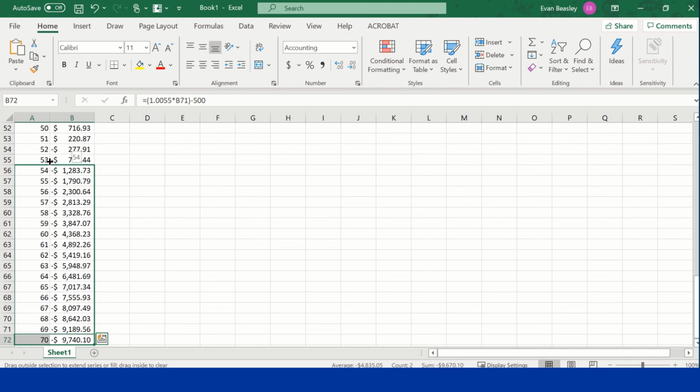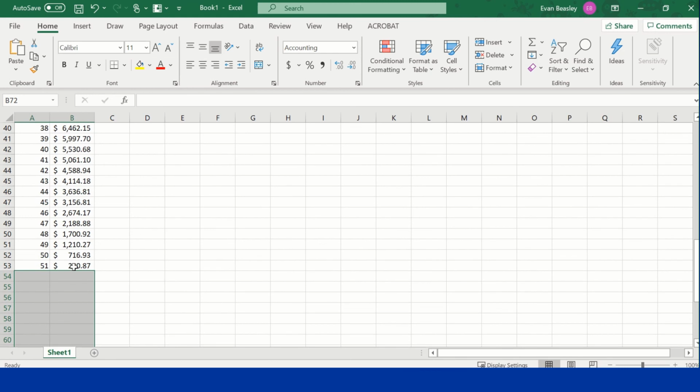There we go. After 51 months, and 51 divided by 12 is 4¼ years, this loan is repaid.